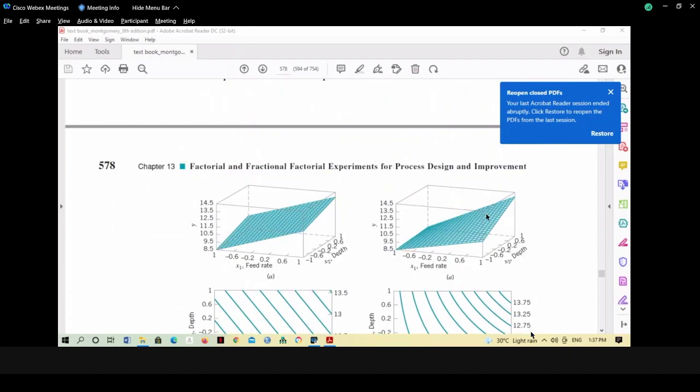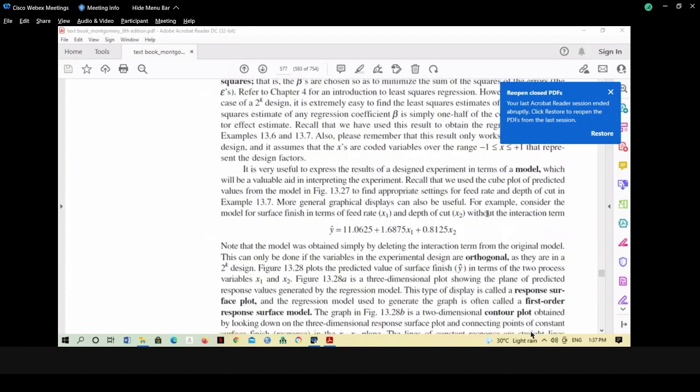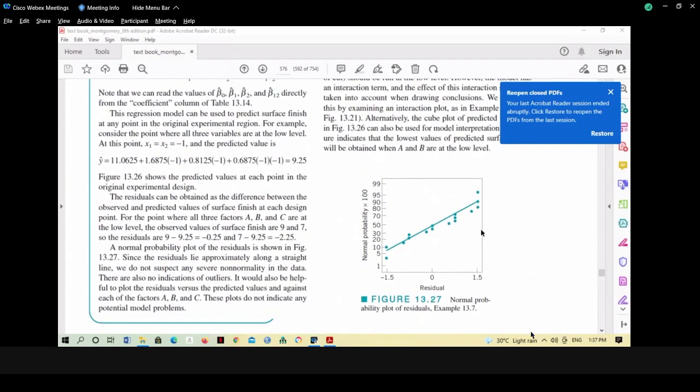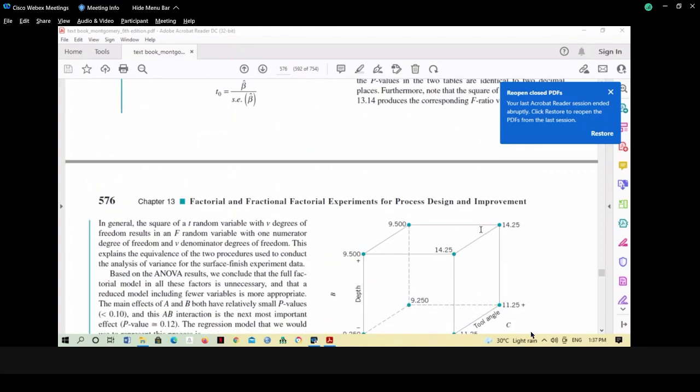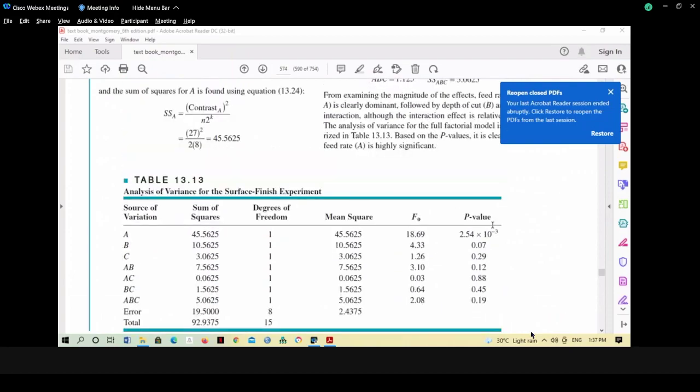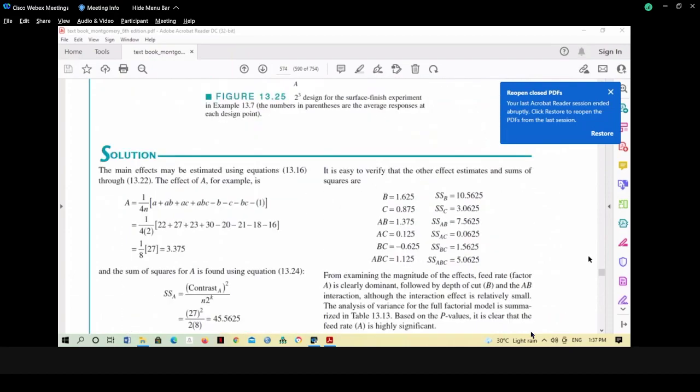Okay. Similarly, this is for 2x3, right? Similarly for the regression model, from the last example, I forgot to inform you about this regression model as well, for 2x2. Remember 2x2?